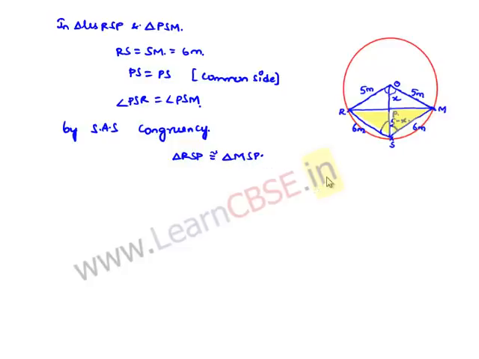We know that when two triangles are congruent, then their corresponding sides and corresponding angles can be equated. Therefore angle RPS will be equal to angle SPM. But if we observe the figure clearly, both the angles also form a linear pair. Therefore angle RPS plus angle SPM is equal to 180 degrees, as we know that the sum of angles that form a linear pair is equal to 180 degrees.